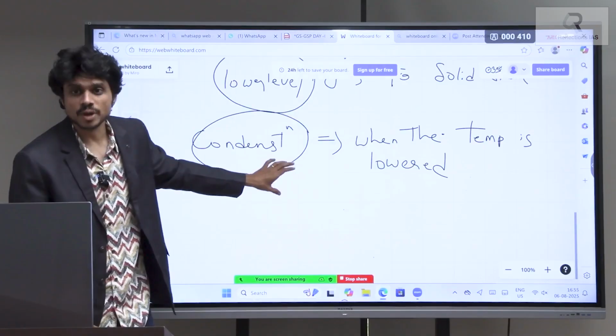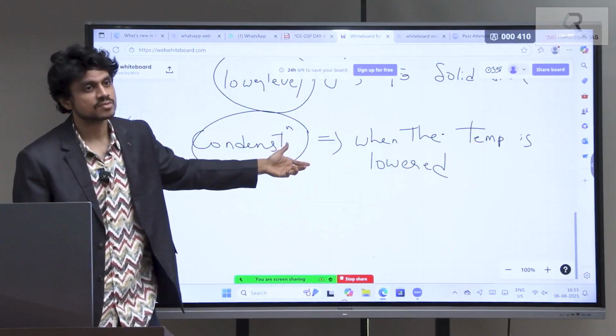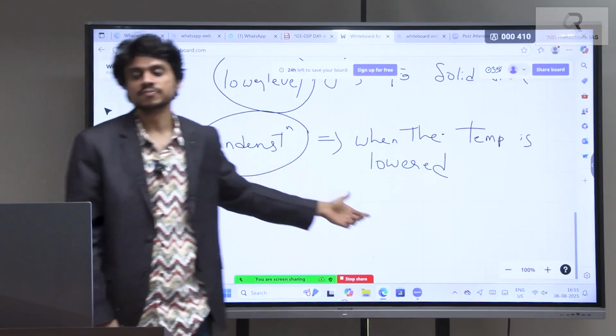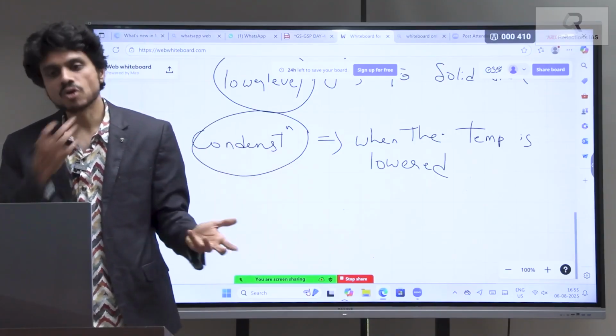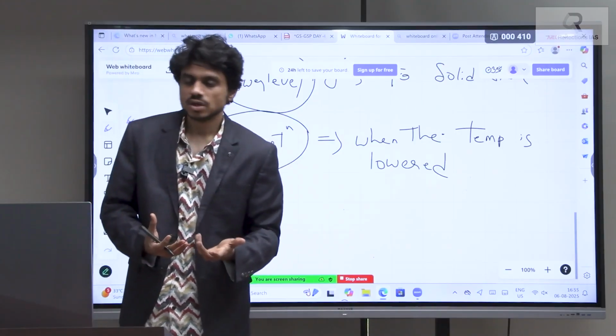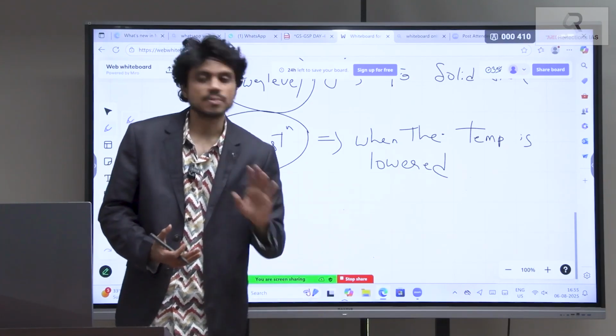At this stage, you might have revised this. Relative humidity becomes 100%. What is the concept of relative humidity? It is the ability of a particular air column to hold moisture. When the relative humidity becomes 100%, condensation happens.